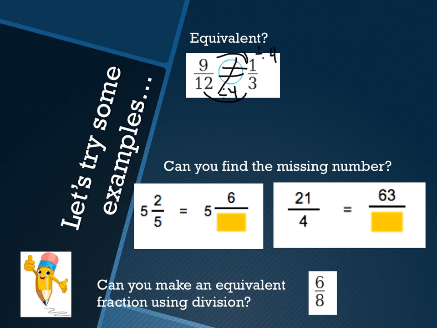What about equivalent mixed numbers? 5 and 2/5 equal to 5 and 6, what? The wholes are the same, but the fraction is not. 2 slices have become 6 slices. 2 times 3 is 6. 5 times 3 is 15, showing me that 5 and 2/5 is equal to 5 and 6/15.